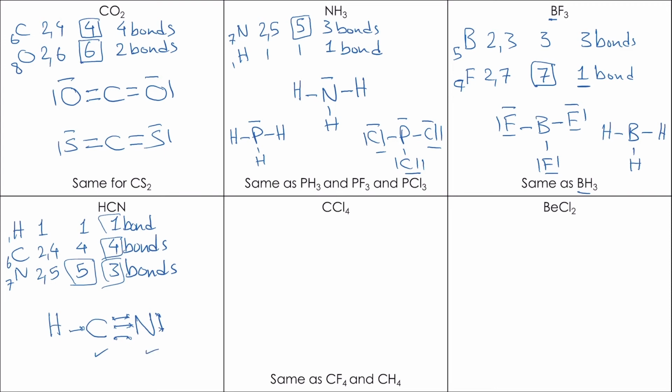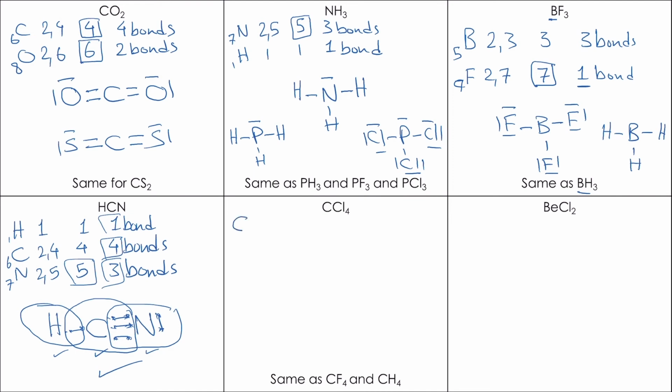Good. Hydrogen, only 1. Next step is to check if each atom is satisfied or not. Yes, hydrogen is satisfied. As you can see, it has 2. What about carbon? Let's check here. 1, 2, 3, 4, 5, 6, 7, 8. Happy. So what about nitrogen? 1, 2, 3, 4, 5, 6, 7, 8. Everyone is happy here. Let's move to the next example.